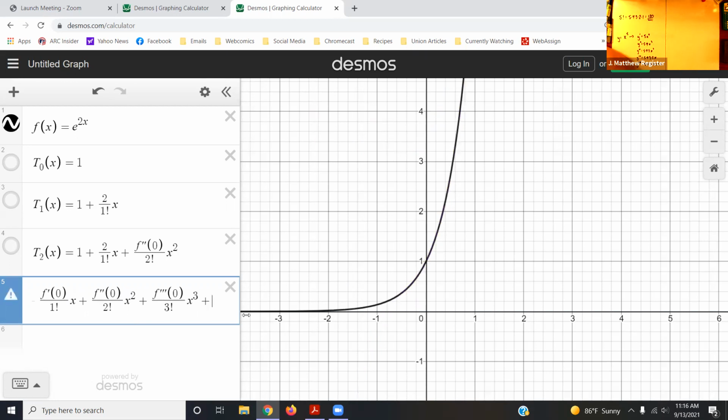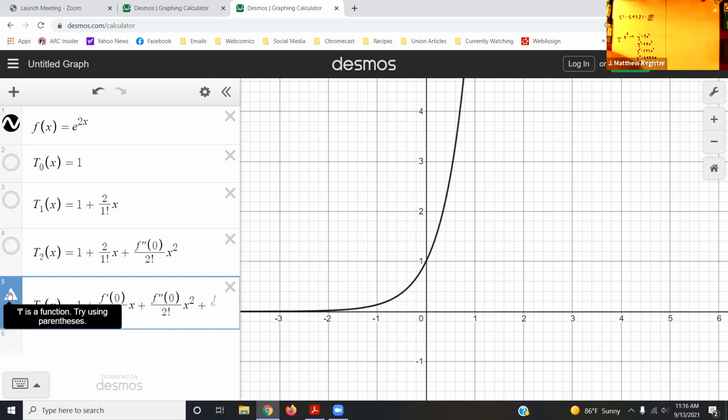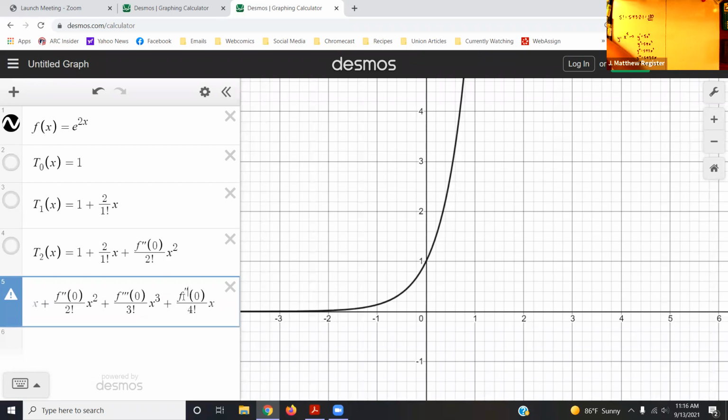Plus, let's see if Desmos is able to handle the exponent notation for this. F to the 4 of 0 over 4 factorial. Oh, it's unable to handle it. F is a function. Yeah, it doesn't want that. That's a bummer. All right, and we will just do 1, 2, 3, 4. Oh, and it doesn't want that either.